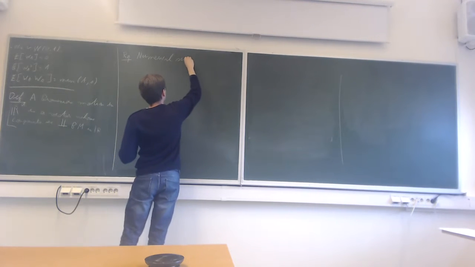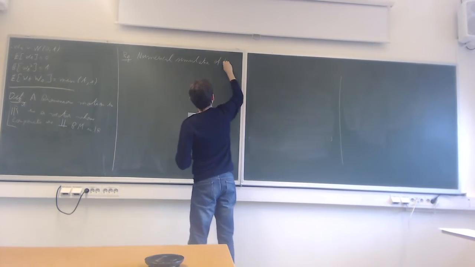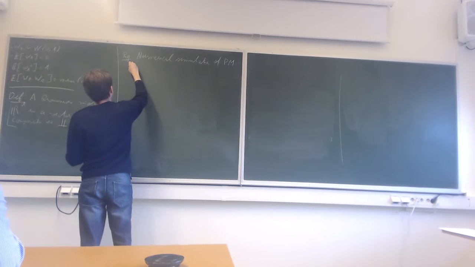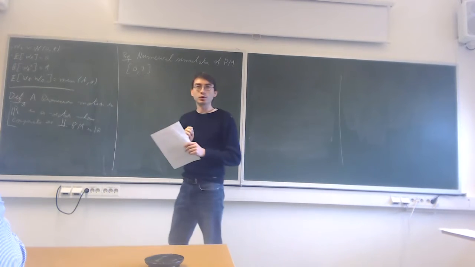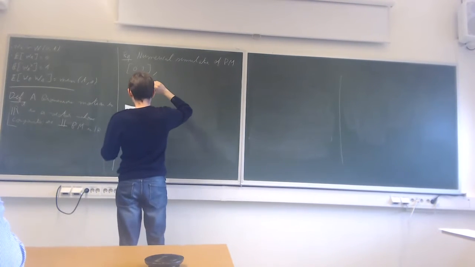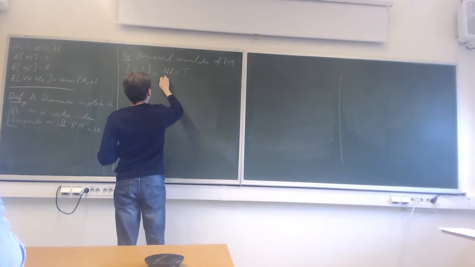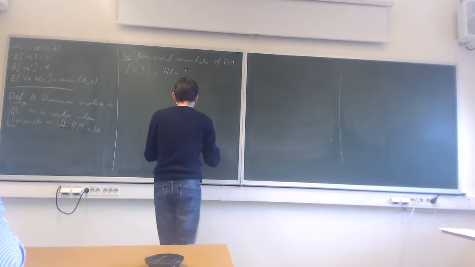Numerical simulation of Brownian motion is done the following way. We take a time interval [0, T]. We discretize it with h equal to T over n, where we have n plus 1 points and h is the step size.